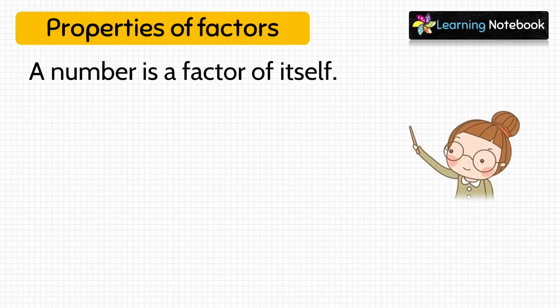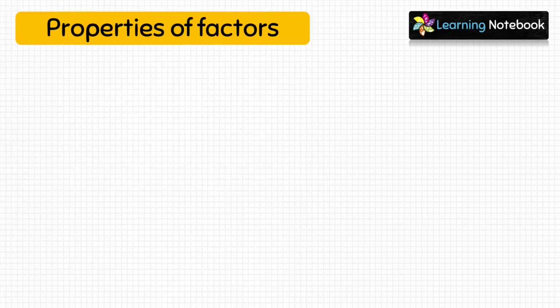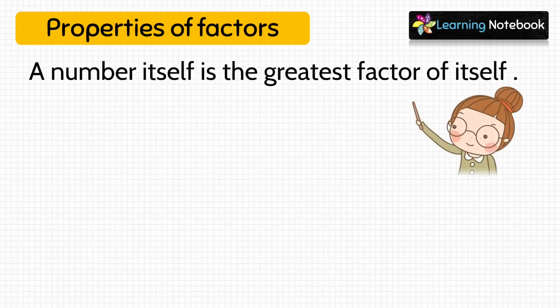Now next property of factors is a number is a factor of itself. Like in earlier examples, 20 is a factor of 20 itself and 13 is a factor of 13 itself. Now let's see the next property of factors.